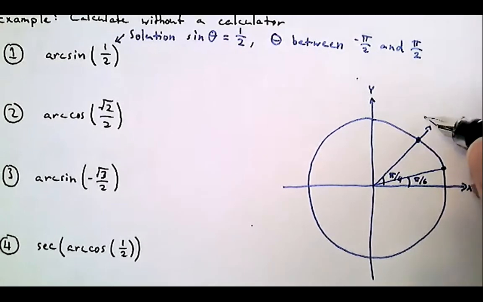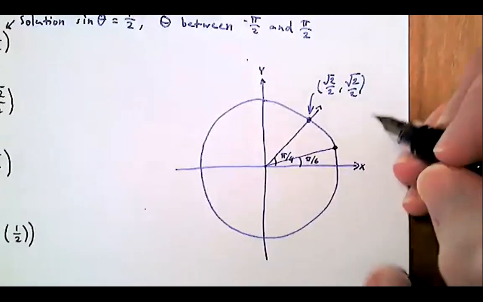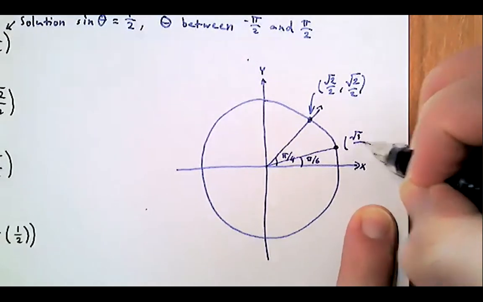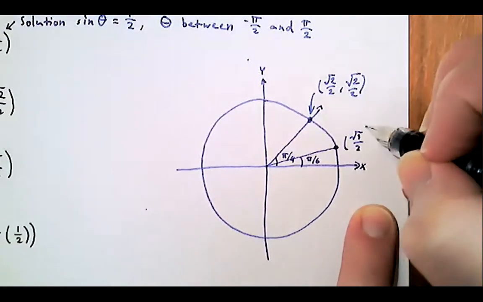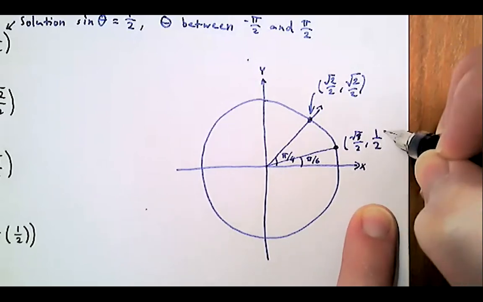So pi/4, remember the coordinates on the unit circle are √2/2, and the same for the y coordinate. At pi/6, the values are √3/2 for the x coordinate, and then 1/2 for the y coordinate.